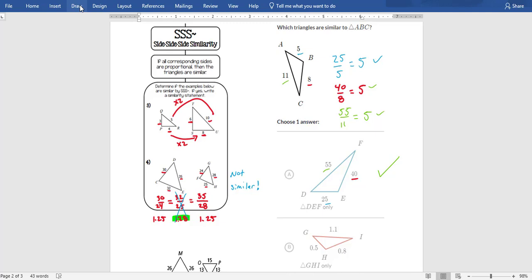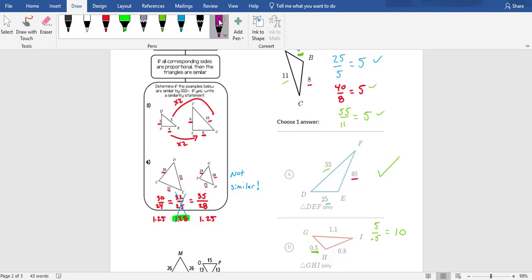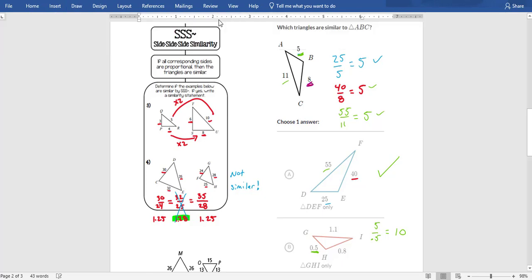The smallest of these numbers is the 0.5. So the smallest up here was just 5. So we could do 5 divided by 0.5. And when I do 5 divided by 0.5, I get 10. Now let's check a couple of these other ones out. Now we'll do the medium numbers. 8 divided by 0.8.